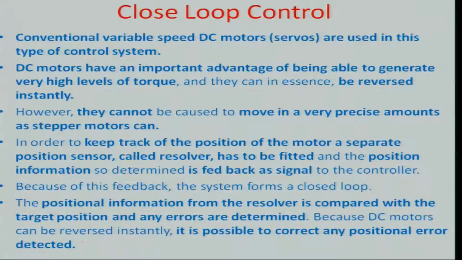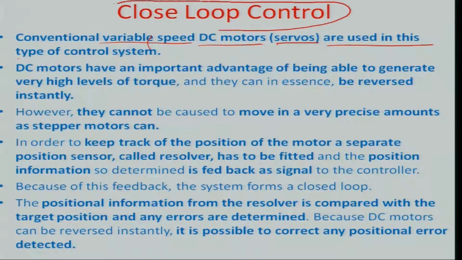On the other hand, for some of the high torque applications, as I was telling, in machining, we need servos or DC motors, which have analog or variable speeds, and they are used in this sort of closed loop controlled manner, because you now need to ascertain exactly where the positioning has happened at the end of the whole DC cycle.